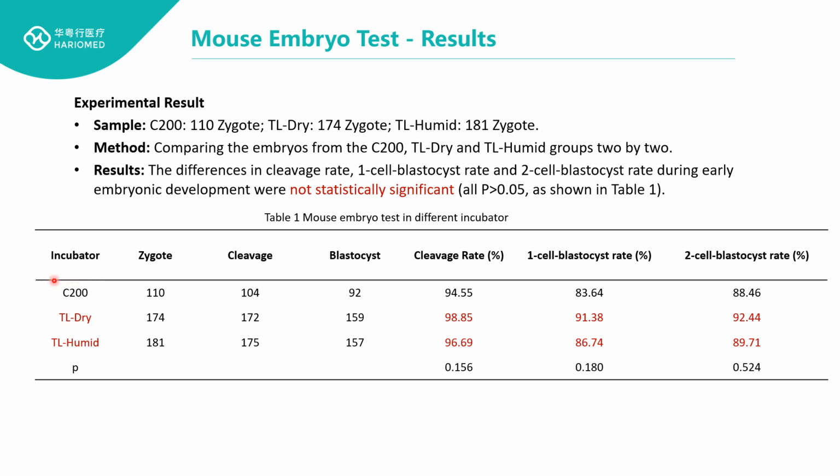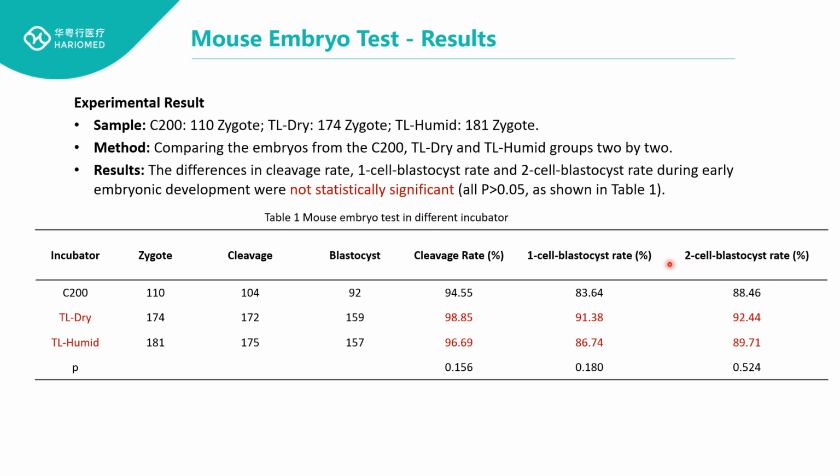So we can see for the incubator C200, the cleavage embryos will be 104, and then for time-lapse it will be 170. And then the cleavage rate for time-lapse dry mode will be 98.85%, and for humidity it will be 96.69%, which is all higher than the C200.